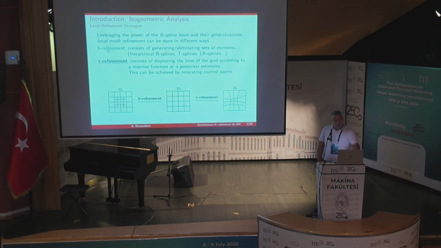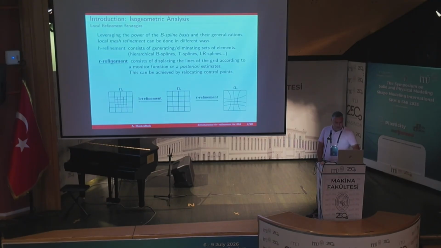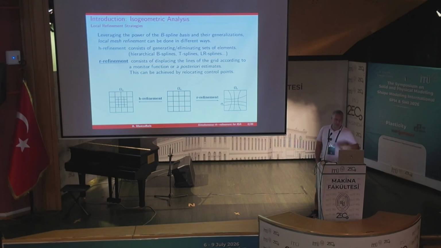Because what I want to do in this talk is to consider another type of refinement, called R refinement, coming from the word relocation refinement, which in the terminology of CAD would be reparametrization. So we can reparameterize a surface, composing it with another map to have a new parametrization.